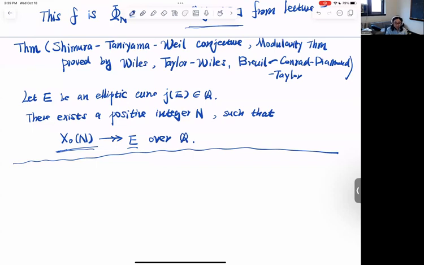But you do get points on X1, and the curve is actually less clear because you need to invert j to find the corresponding tau to find the lattice you're looking at. But for a CM curve, you have much more control over these CM points.